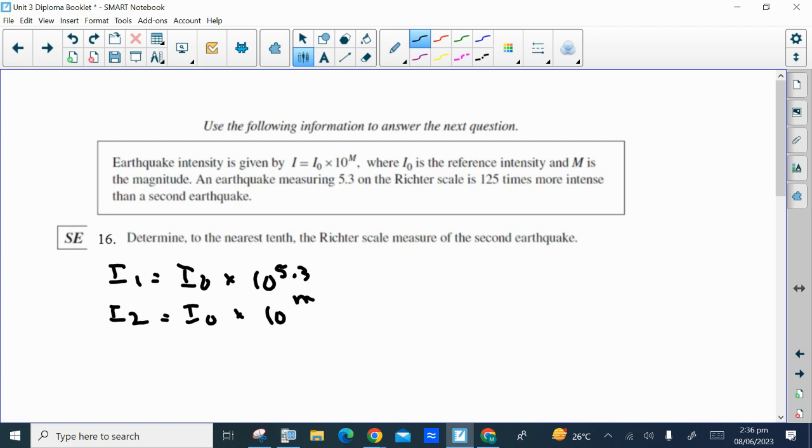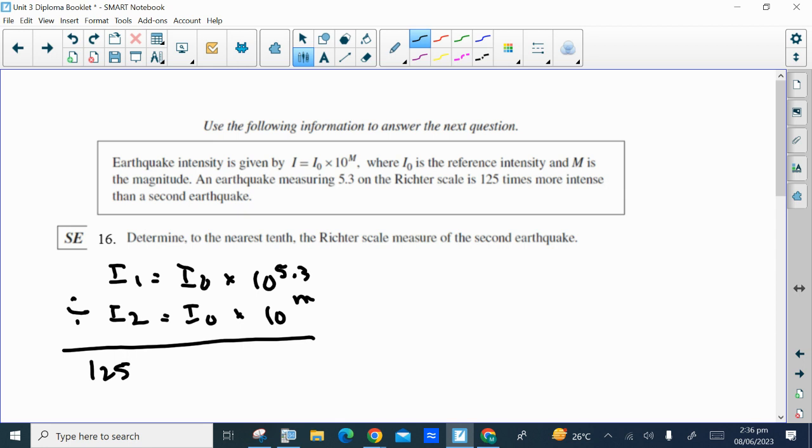We are told that the first one is 125 times more intense than the second one, which means if we divide the two equations, if we divide I sub 1 by I sub 2, that'll be 125. Because the first earthquake is 125 times more intense than the second.